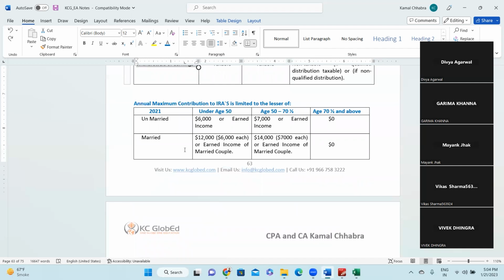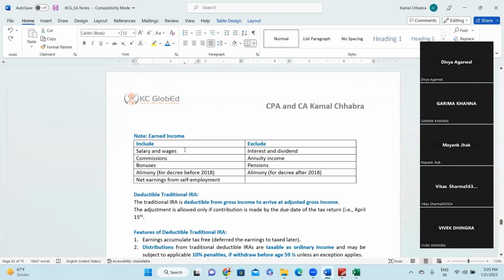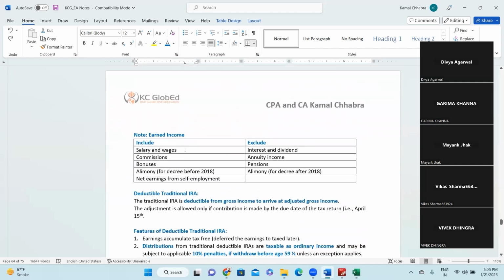Now, in the question or in the context, it is mentioned $6,000 or earned income, whichever is lower. So let's understand what is earned income to be considered here. Earned income majorly includes active income, not passive income.